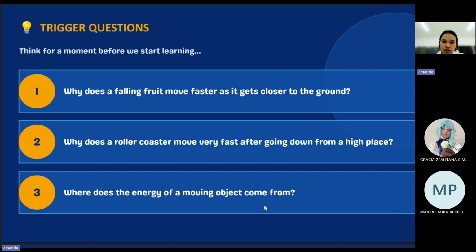Second, for those who love thrills, why does a roller coaster move incredibly fast right after it drops from a very high track? And the third, generally speaking, where does the energy of any moving object actually come from?